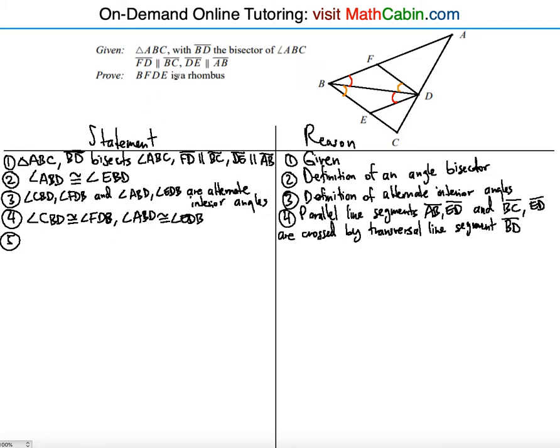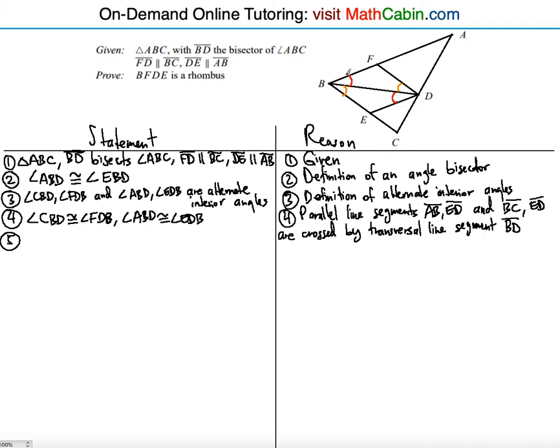Now the fifth statement would be, so what are we trying to do here? To prove that BFDE is a rhombus, the first thing you should realize is a rhombus will have all four equal sides. So if we're talking about individual triangles, BFD and BED, we have to show that BF is equal to FD, and we have to show that BE is equal to ED. But before you do that, you have to determine that these two triangles are going to be exactly congruent.